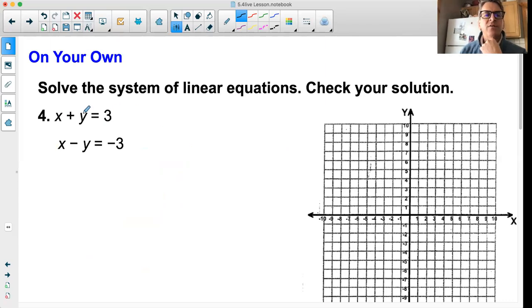But if I look at this first one, number 4, x plus y is 3 and x minus y is equal to -3. I look at these x's here lining up, and I can think to myself, if I subtract the second equation from the first, I'm going to have an x minus an x, which is going to be 0, and 1y minus a -1y is 2y.